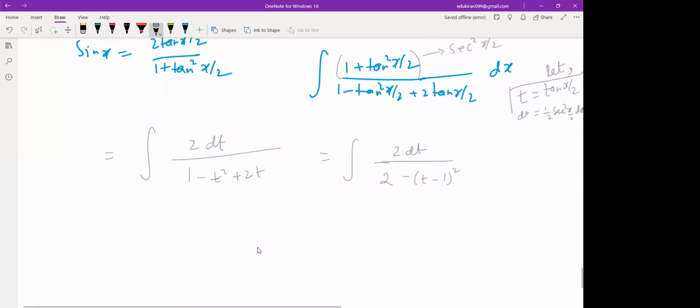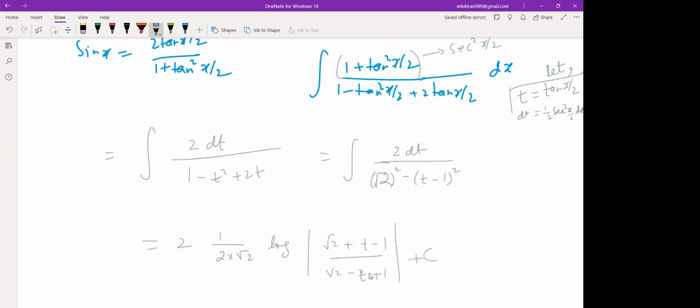And then you apply the formula. This is actually root 2 square, a square minus x square in the denominator, that was 1 by 2a log of a plus x upon a minus x plus c you will get.